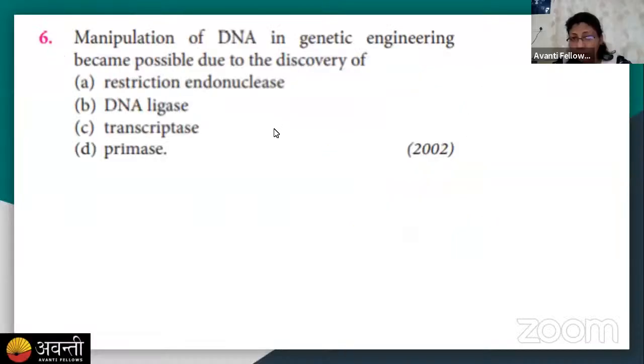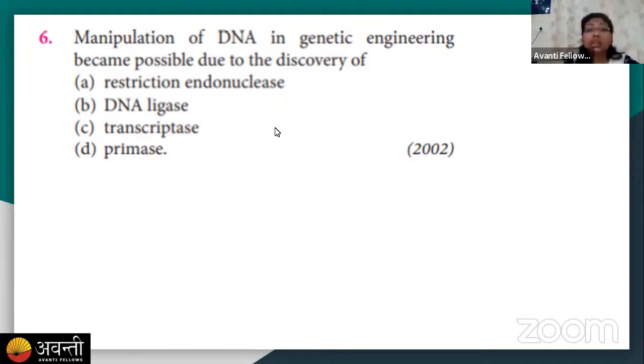Okay, now move to the next question. Question number 6: manipulation of DNA in genetic engineering became possible due to the discovery of which molecule?